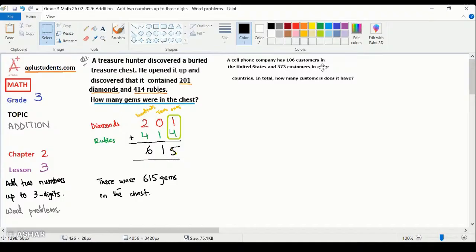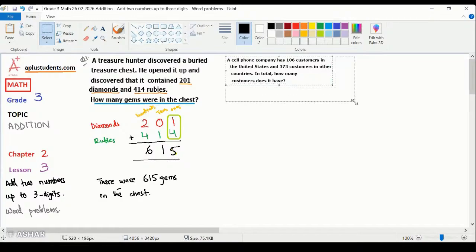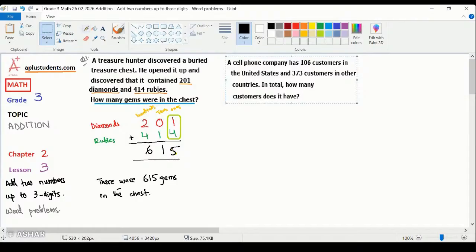They're saying a cell phone company has a certain number of customers in the United States and a certain number of customers in other countries. Let's highlight 106 customers in United States and 373 in other countries.